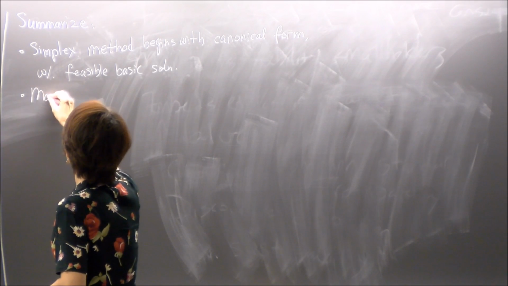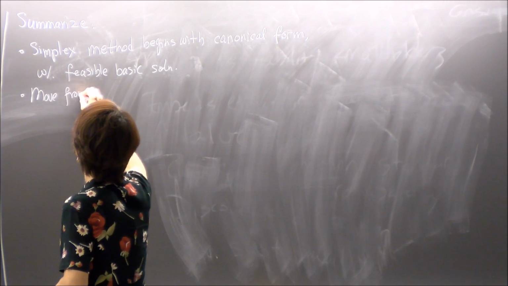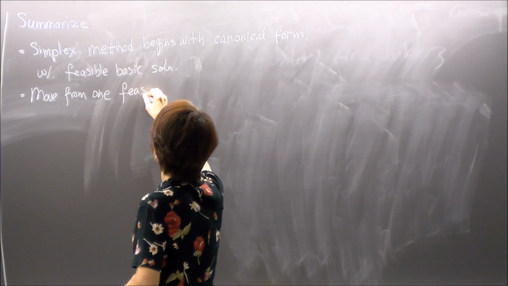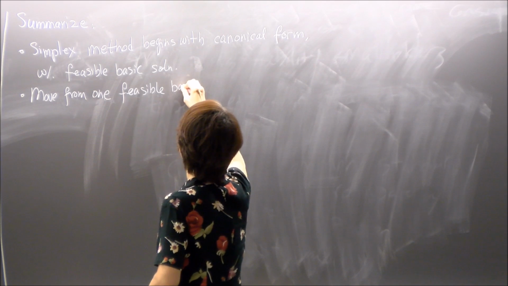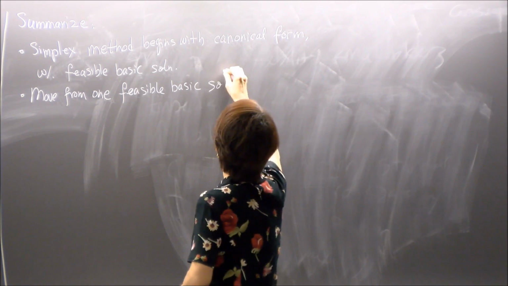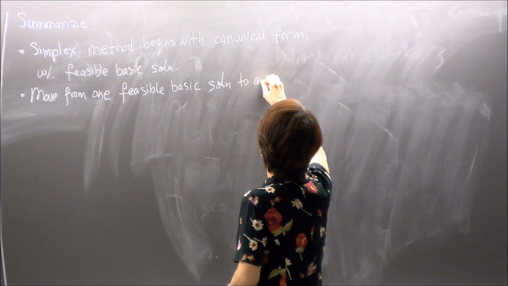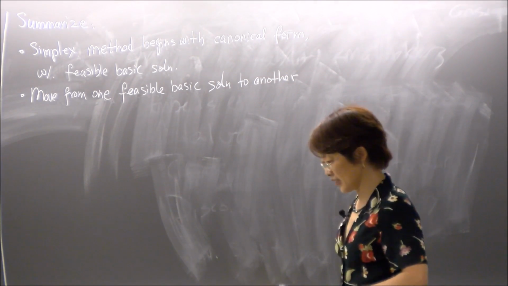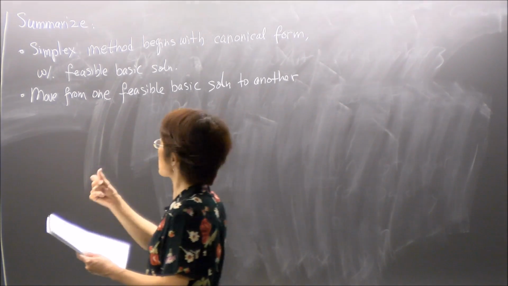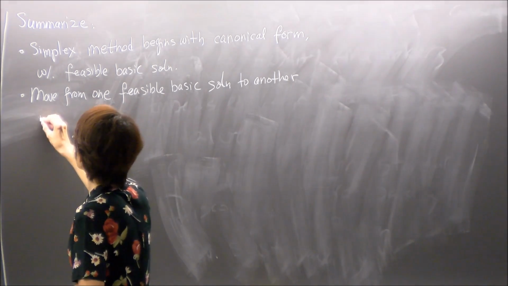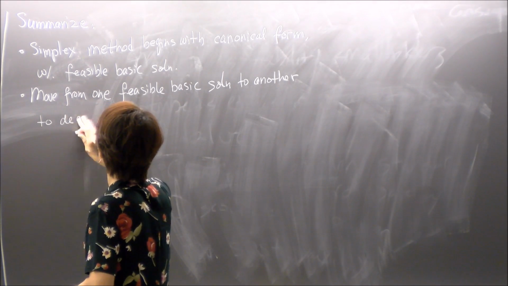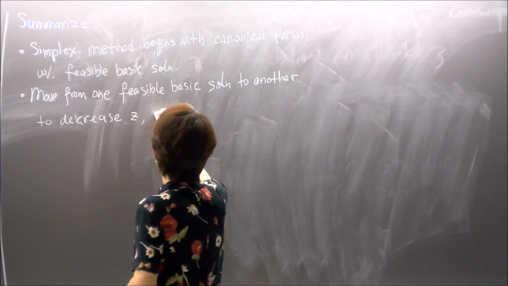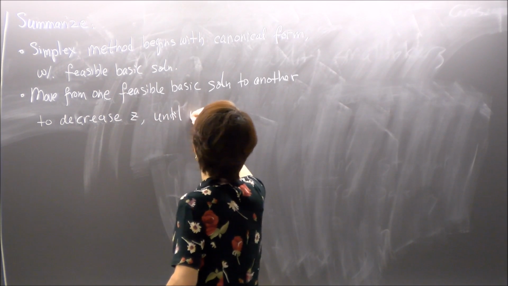So we move from one feasible basic solution to another nearby one, connected by changing just one variable, to decrease z until reaching the minimum.